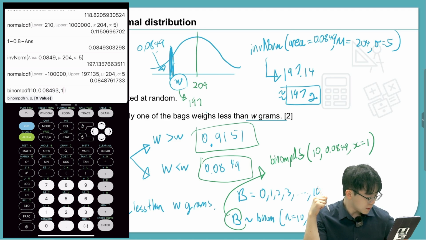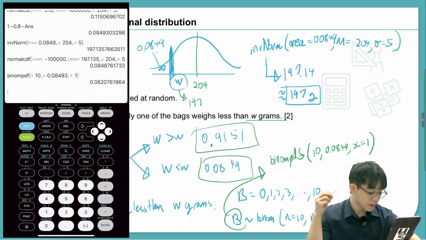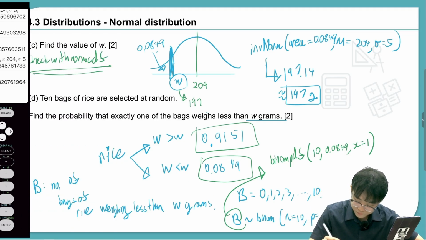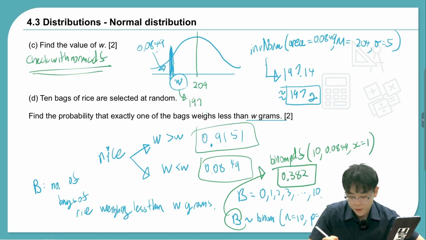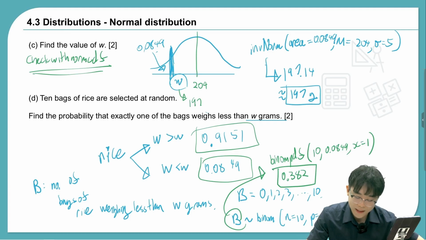Right, so we put in 1, and the probability turns out to be 0.382, which is 38.2%. Okay. So if you have 10 bags, 38% of the time, around one of them will be light and 9 will be heavier, right?